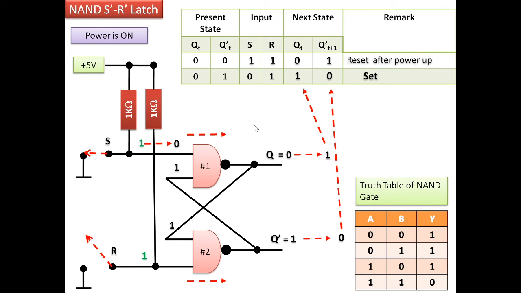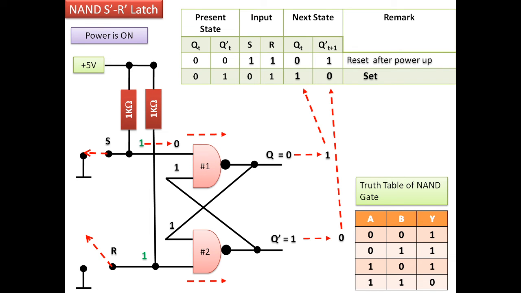Now initially I've just mentioned that this particular circuit is sometimes called S bar R bar latch. Now this is because when we are connecting the S terminal to the ground, only then that particular section is getting activated. That is, when we are using the set terminal, the output is getting set irrespective of the previous state.